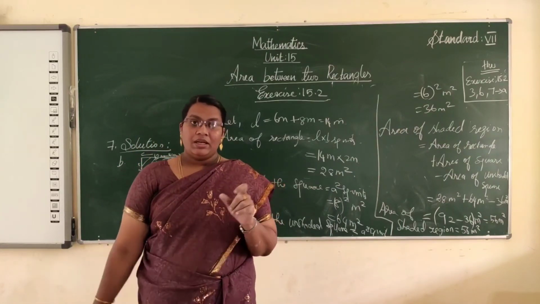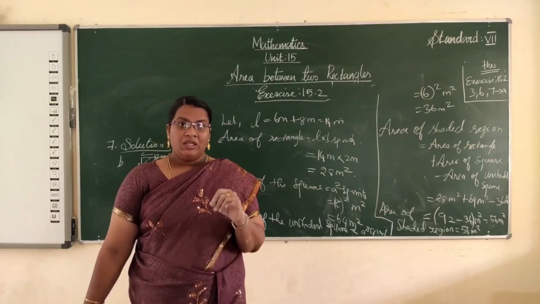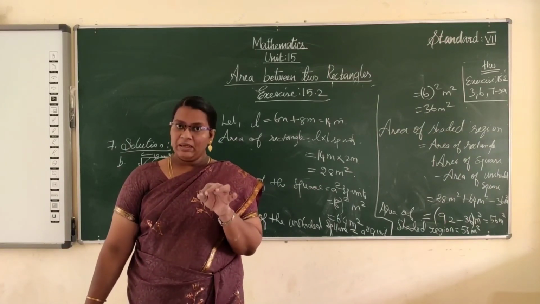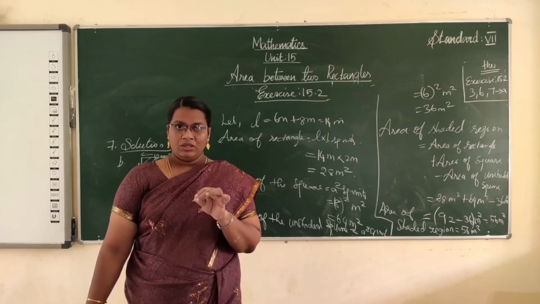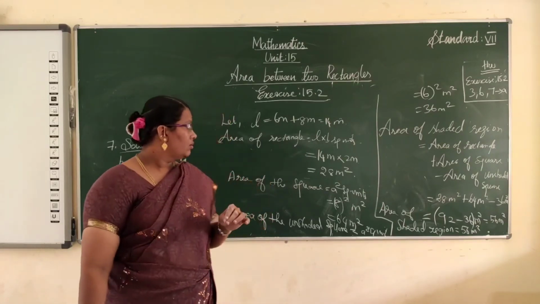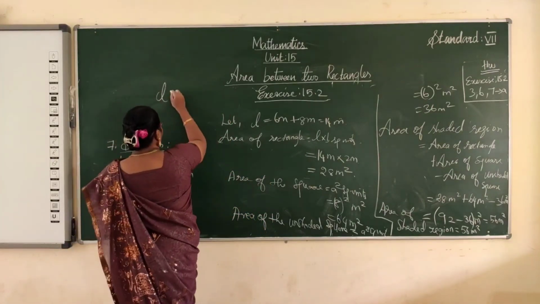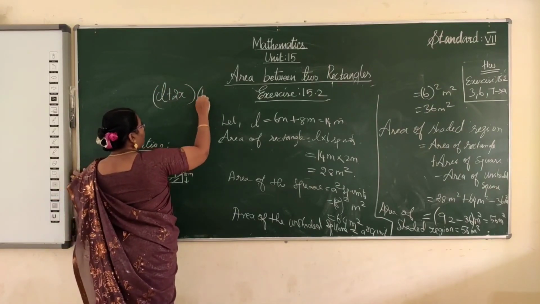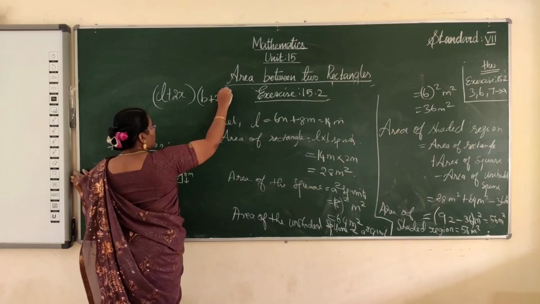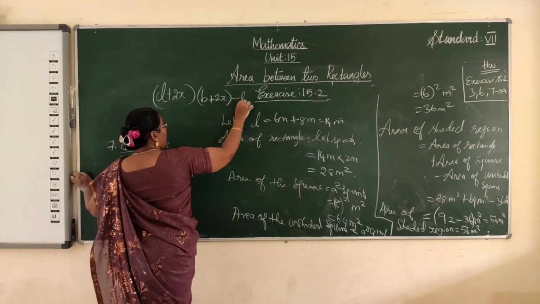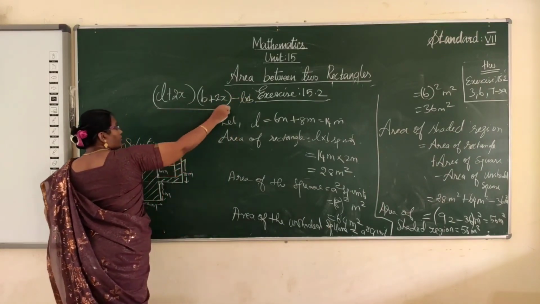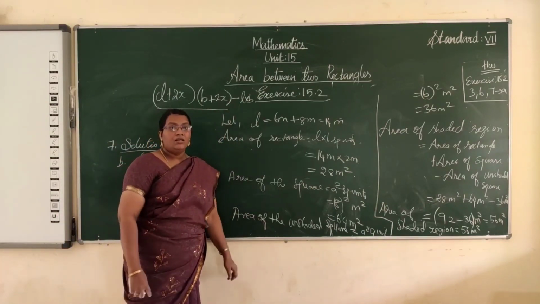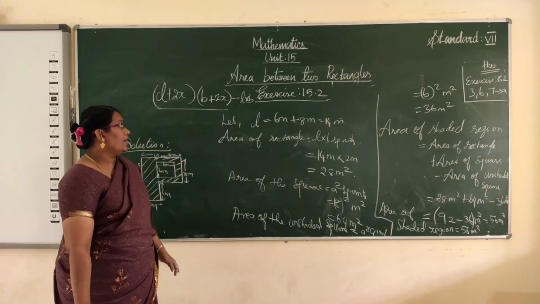The area of the path is equal to (L plus 2X) into (B plus 2X) minus L into B. That means the area of the outer rectangle minus the area of the inner rectangle. Okay, so the inner rectangle is L into B square units.